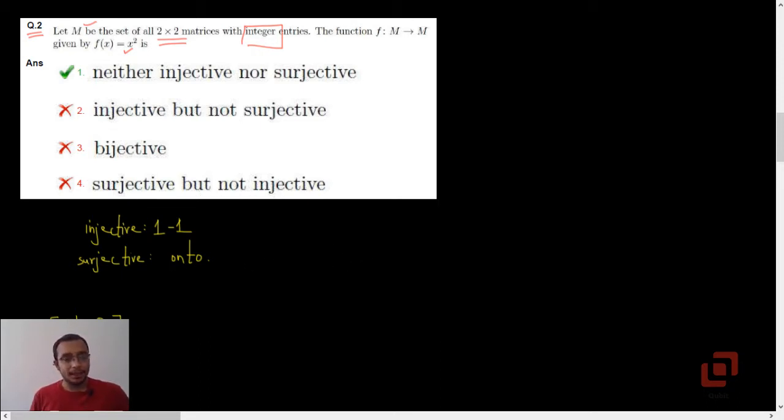Alright, before we start solving this problem, let us try to think of this function defined on the set of real numbers. We all know that the graph of this function is something like this, right? Due to its symmetry about the y-axis, our function is not 1-1.